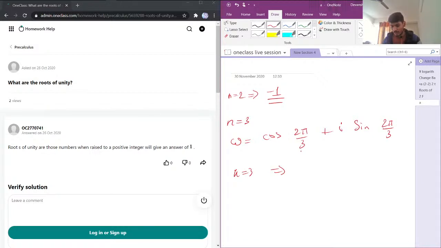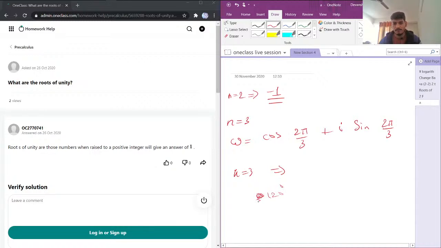I need to change this to radian. If I convert it into degrees, pi by 3 is 60 degree, so 2 pi by 3 will be 120 degree.